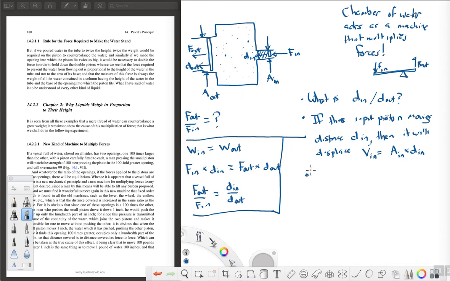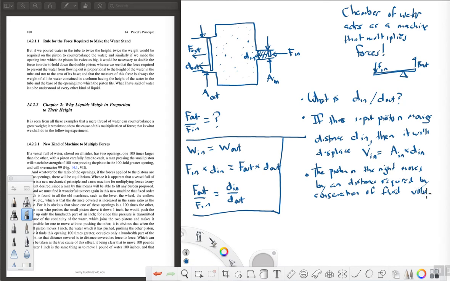So the piston on the right-hand side moves by an amount required by the conservation of fluid volume. The fluid doesn't go away.